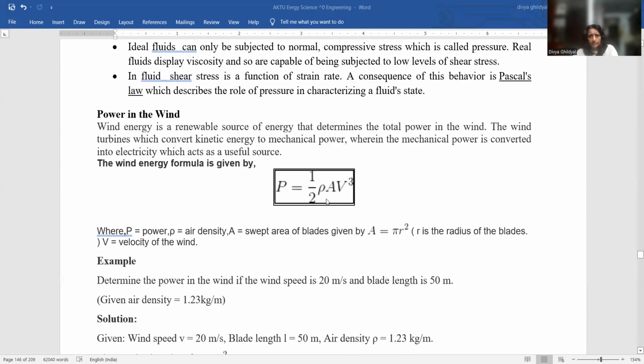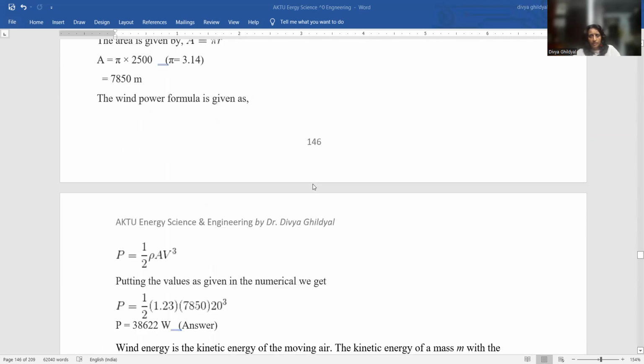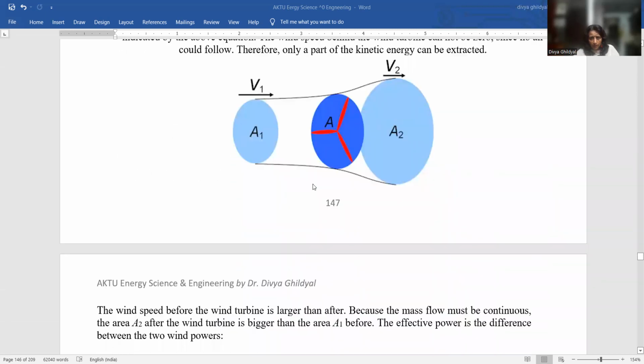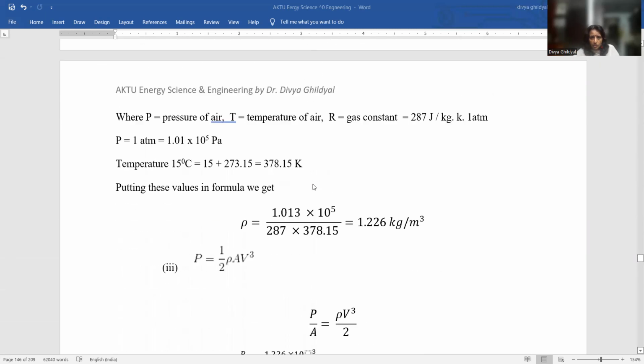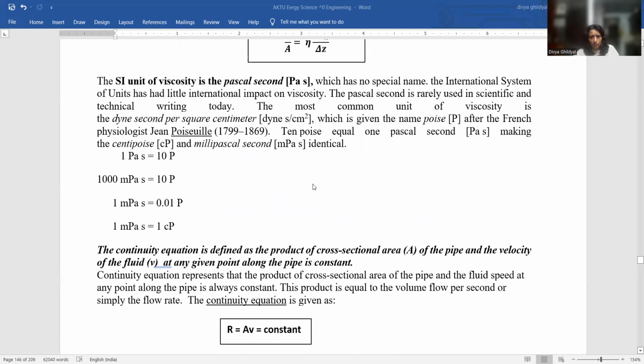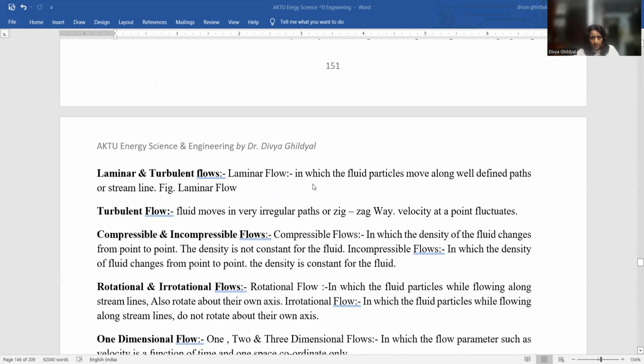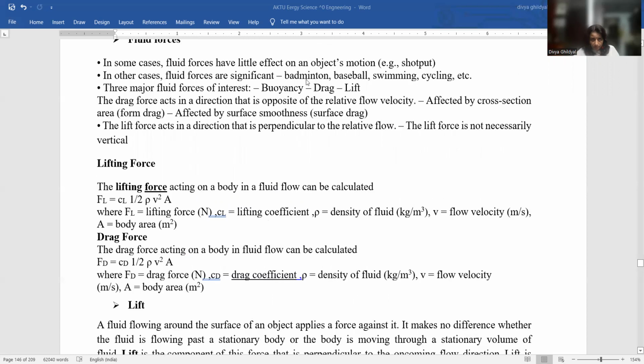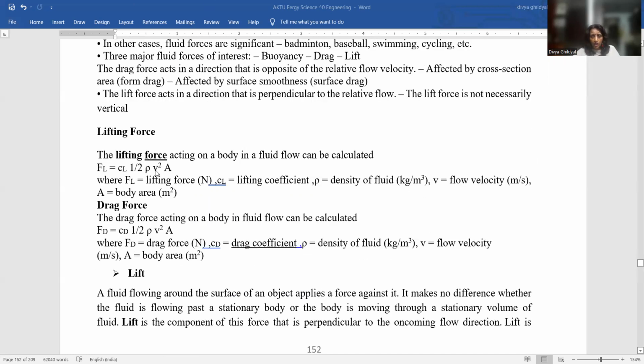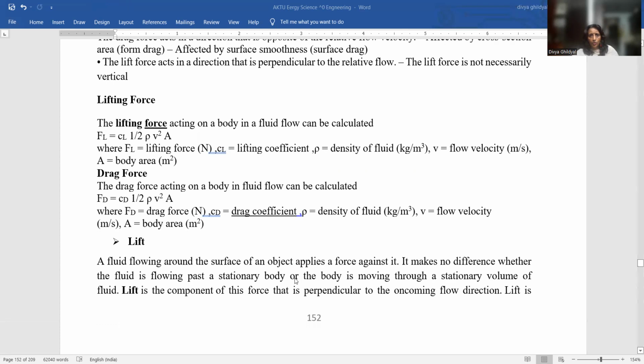Here, for the wind energy formula, lifting force, whichever coefficient they ask, just multiply it with that coefficient to get the answer. So lifting force here becomes CL into half rho V squared A, where CL is the lifting coefficient. Drag force can be CD half rho V squared into A, where CD is the drag coefficient.